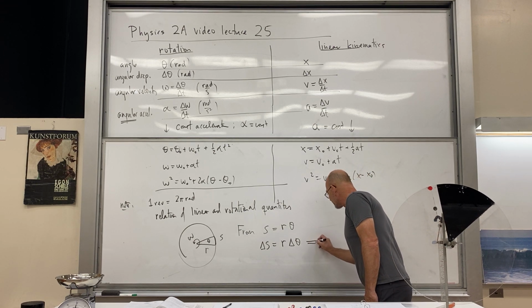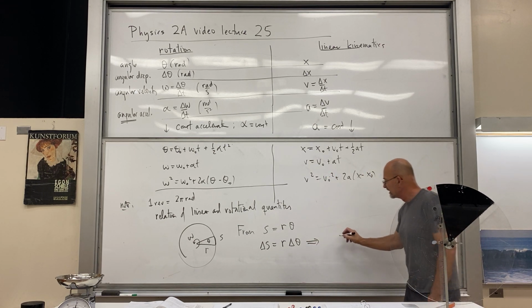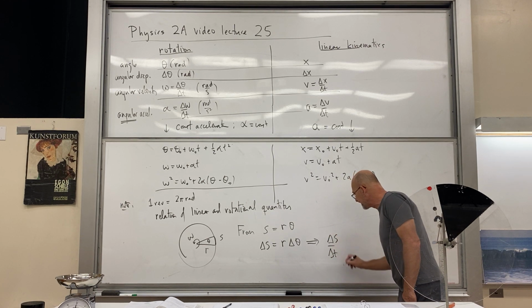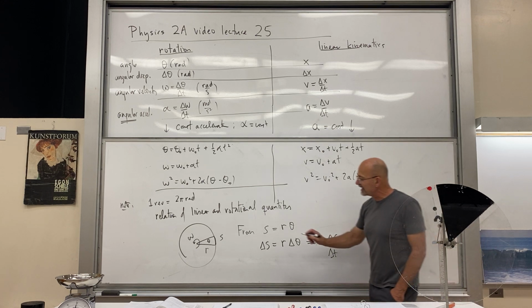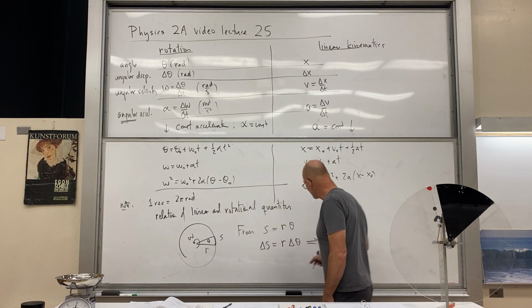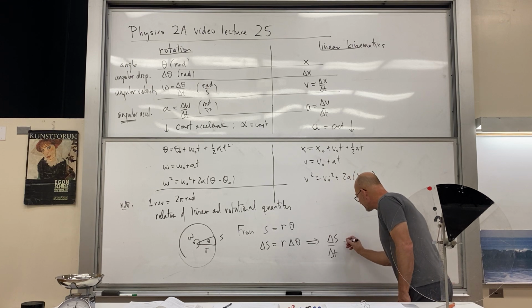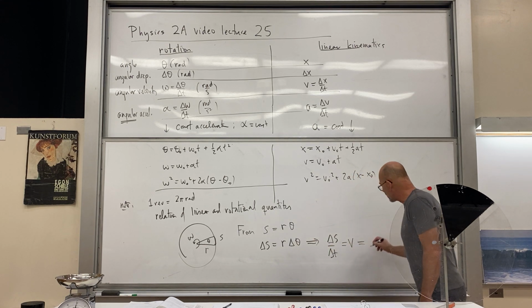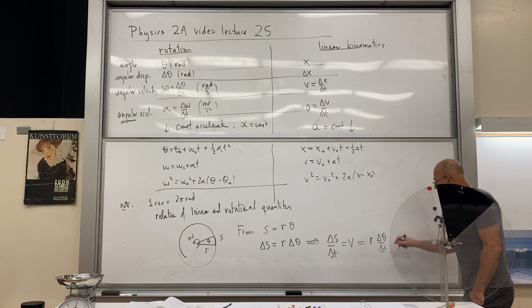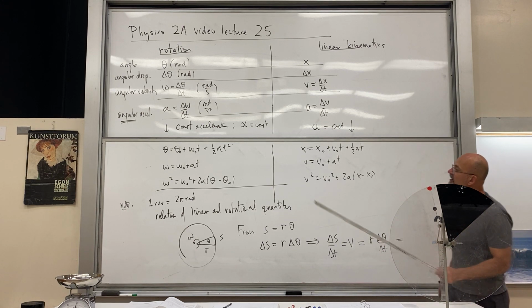and therefore I'm going to draw my conclusion over here. Delta S over delta T, that's the speed of a point on the edge here as it rotates. Okay, so delta S over delta T is V, but on the other hand, it's R times delta theta over delta T, and that would be our definition.